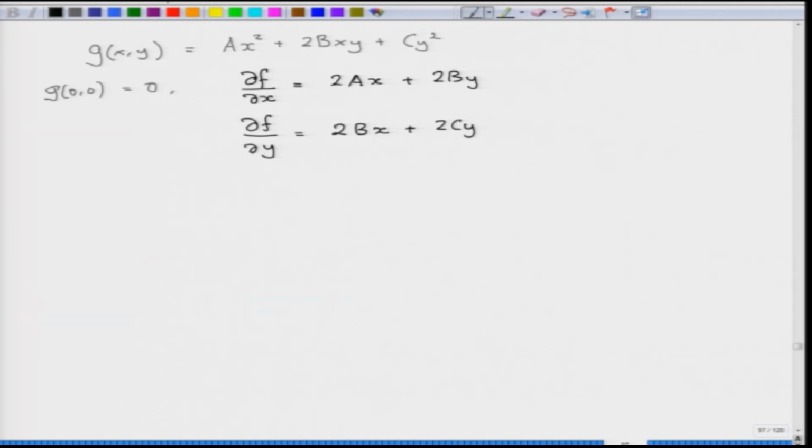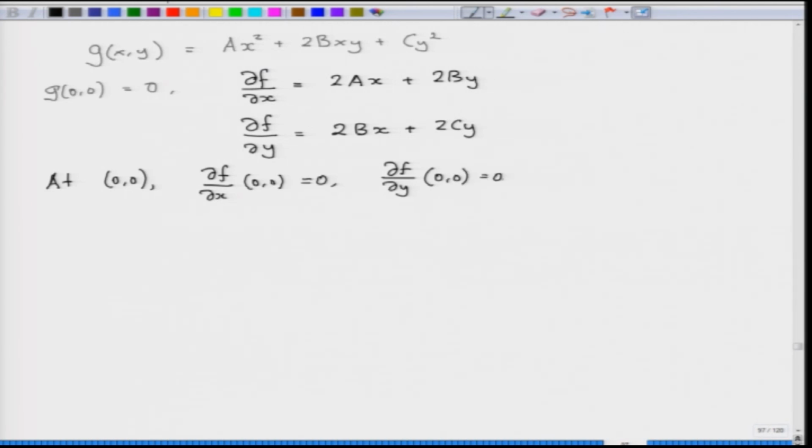Now, it is clear that at 0 0, del g del x at 0 0 is 0 and del g del y at 0 0 is 0.